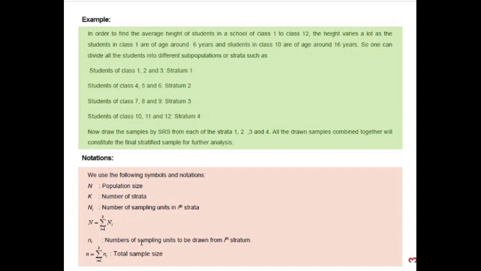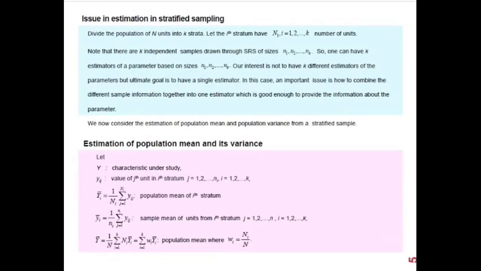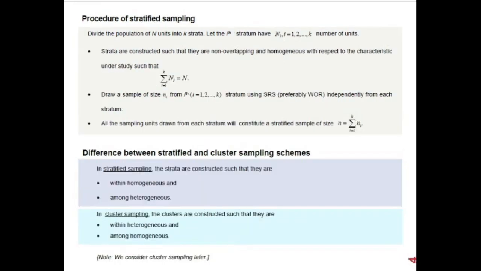So these are the sample sizes for the K strata. Here the smaller n is the total sample size. Similarly, the procedure of stratified random sampling and the difference between stratified and cluster sampling schemes you can see over here.